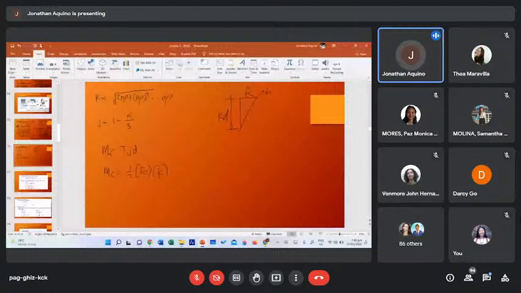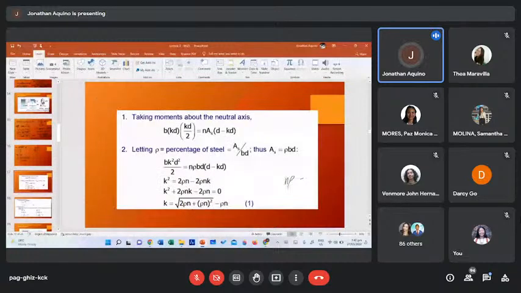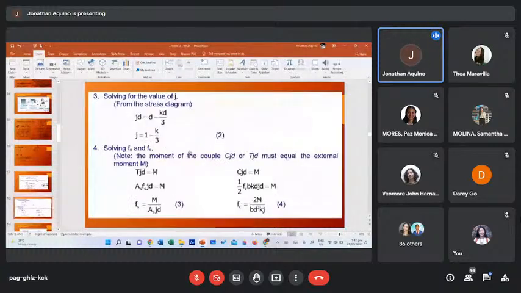So pareho lang yun, either gamitin mo n rho or rho n kasi multiplication naman yun. Then, yung j natin is just simply 1 minus k over 3. Then, yung fs natin or yung stress natin. So, normally kasi, ang kino-compare natin, either moment capacity or stress nung section.